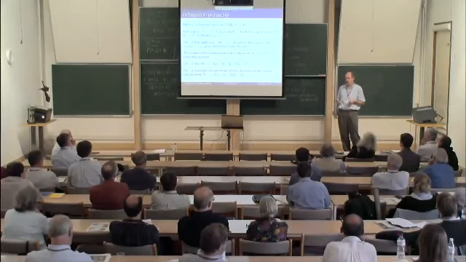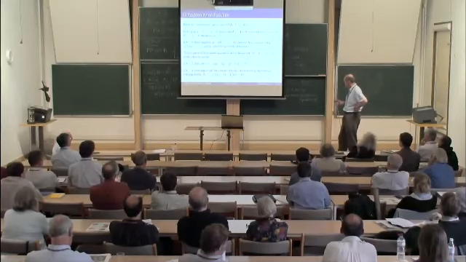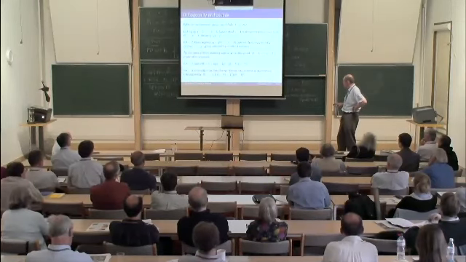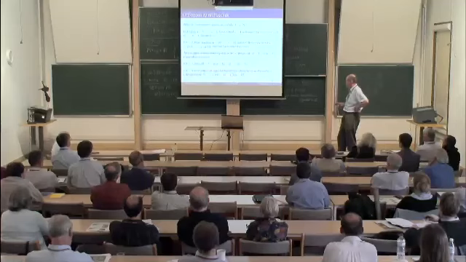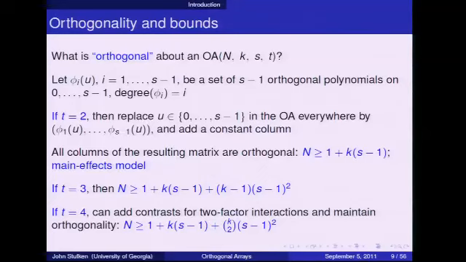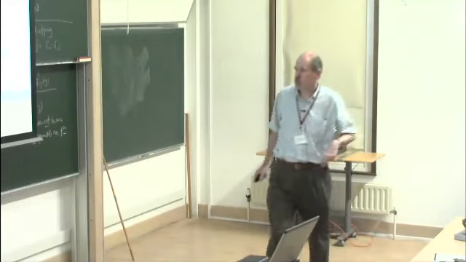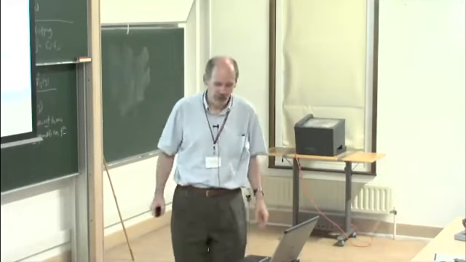So the number of columns that you can add is k choose 2 times s minus 1 squared. And it turns out you can prove that all of those columns will be orthogonal, and hence the rank of that matrix must be equal to this number, and so the number of rows of the matrix must be at least equal to that number. So that would be Rao's inequality for orthogonal arrays of strength 4.